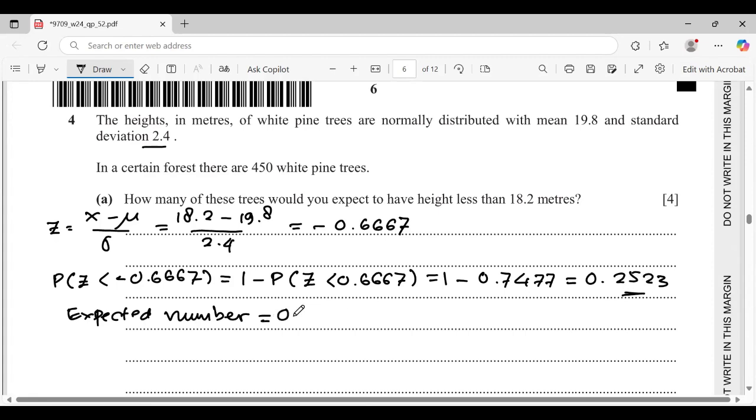This number 0.2523 multiplied by 450, the total number of trees, and the result is 113.535, rounded off to 113.5.